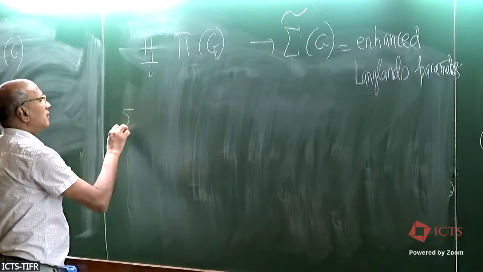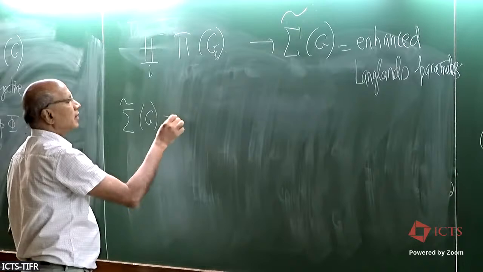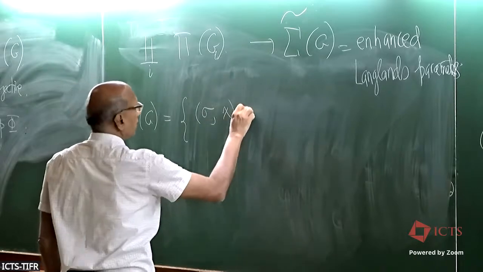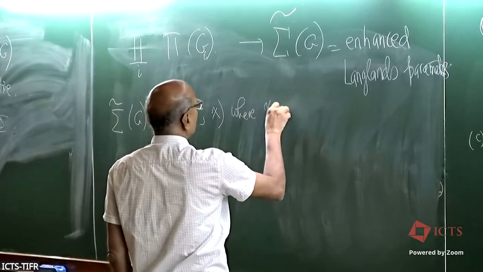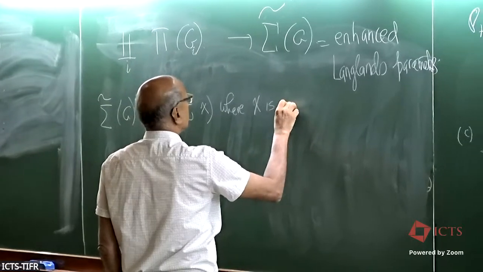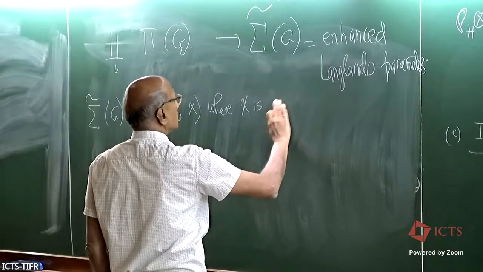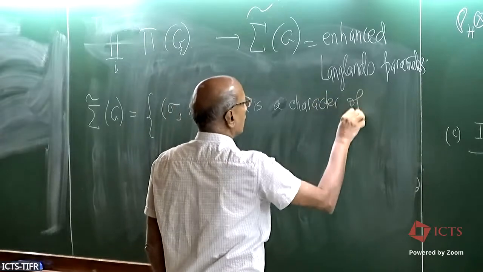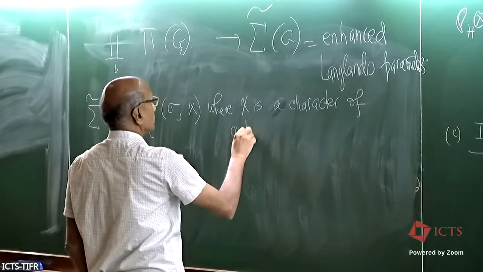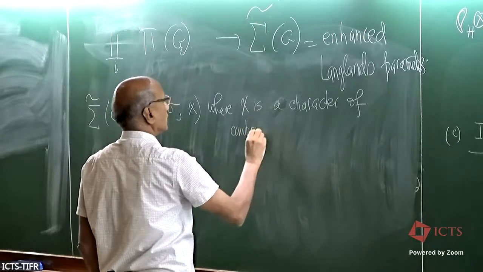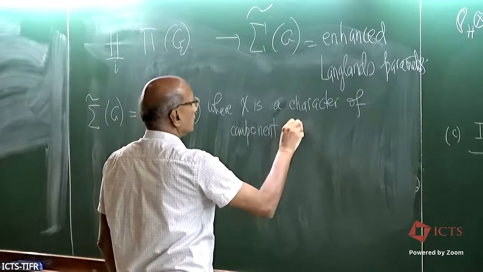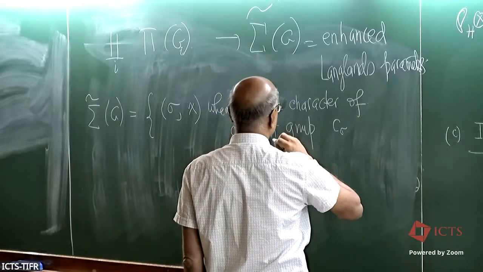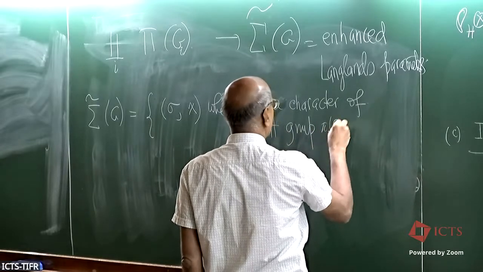Okay, so first of all, let's define Sigma tilde(G) to be a parameter sigma times chi, where chi is a character of the component group, which is C_sigma, and I am looking at pi_0, the component group.